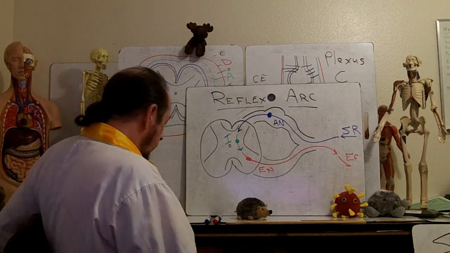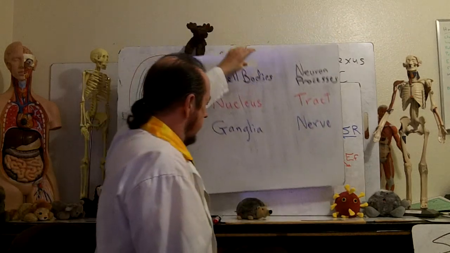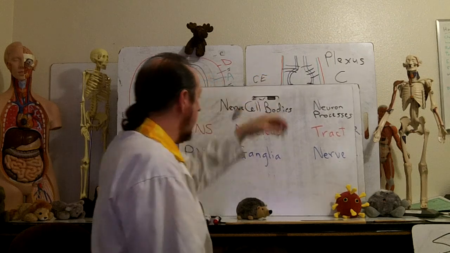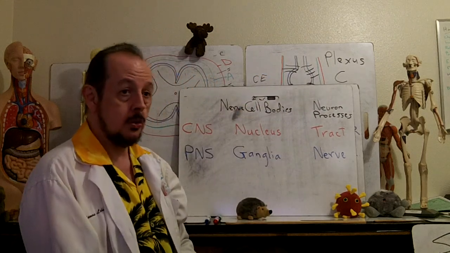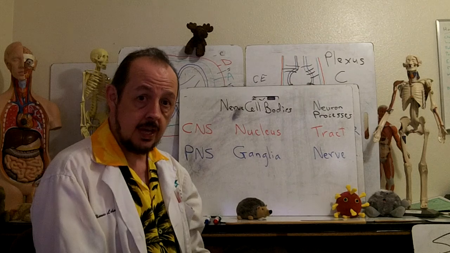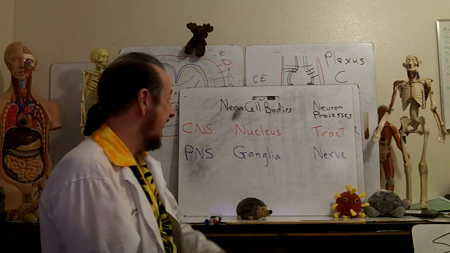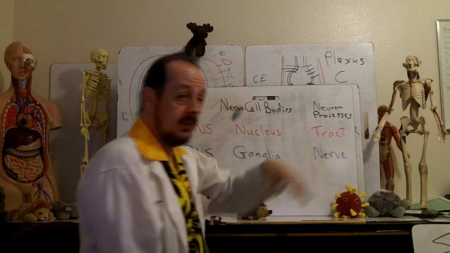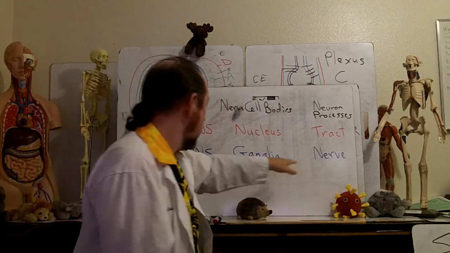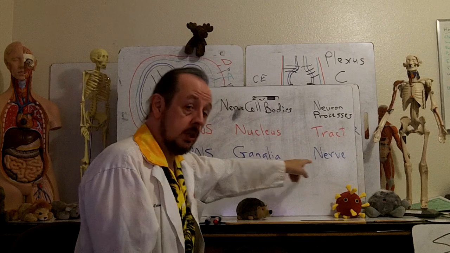Finally, I want you to review the terminology in this chapter and make sure that you understand when we use the correct terminology. So when you're looking at a bundle of neurons together, whether in the central nervous system or the peripheral nervous system, an entire bundle of neuron processes, axons and dendrites, in the peripheral nervous system is called a nerve.